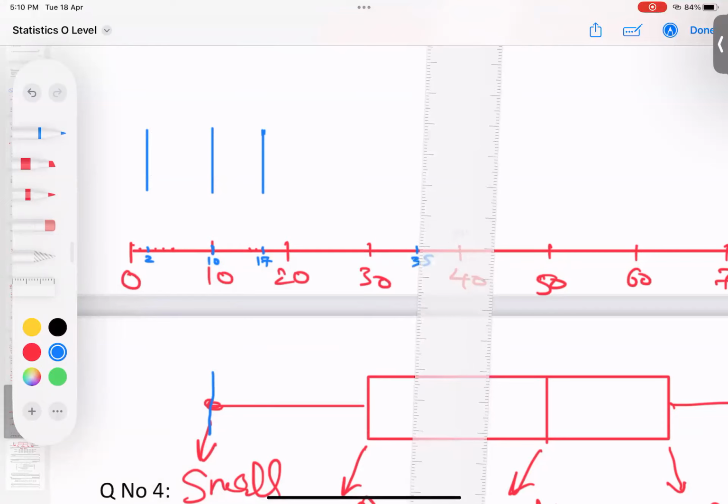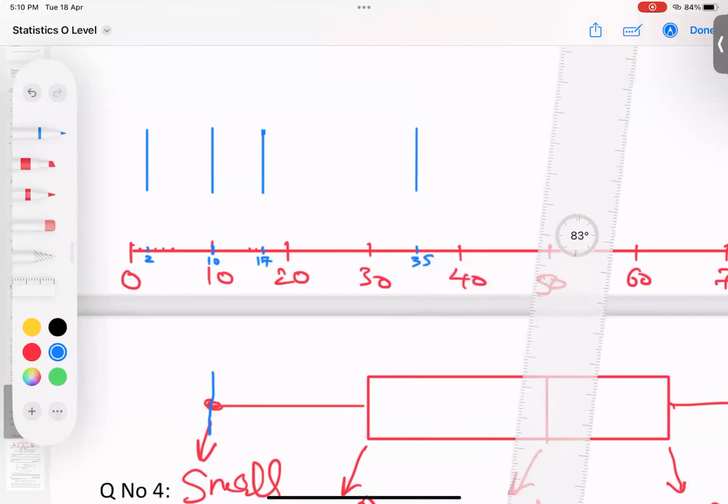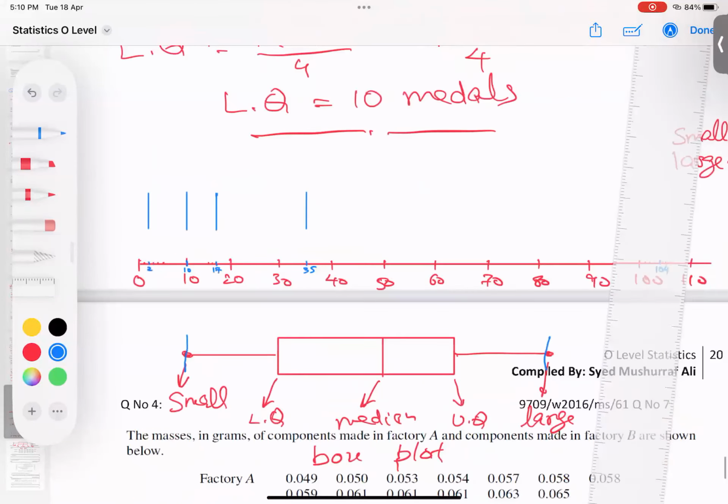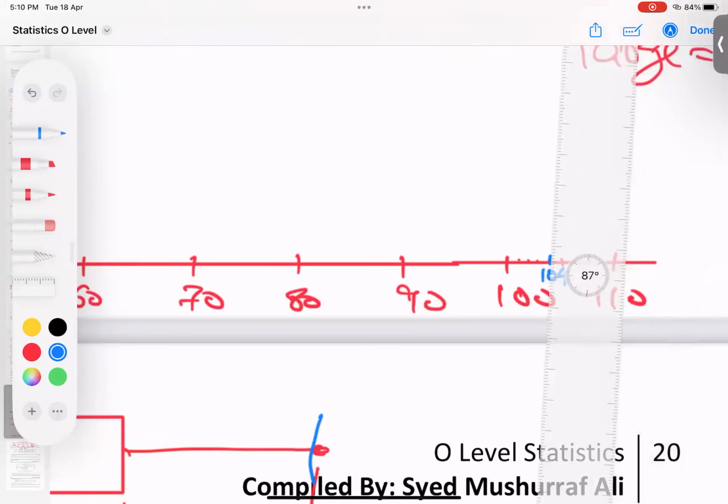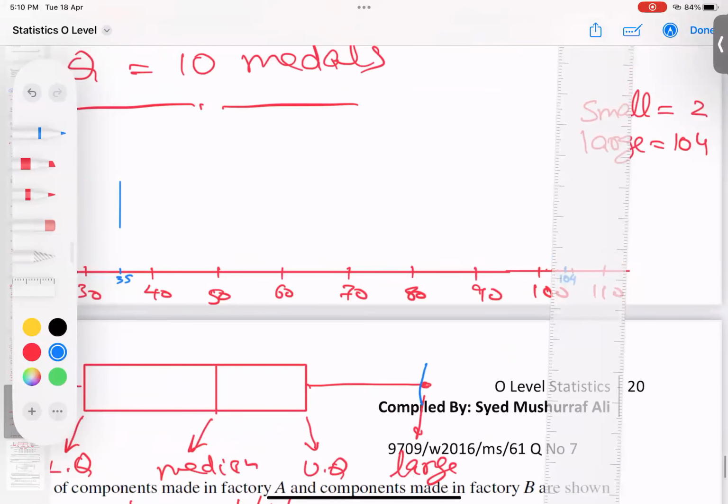Wait a minute. My scale is not adjustable properly because I'm doing it on a screen, so there are some chances of error. Okay, now I don't know where I made the other one. Okay, now I can see. Oh wait a minute, I'm not sure it's right. Okay, anyway, we'll see later on.